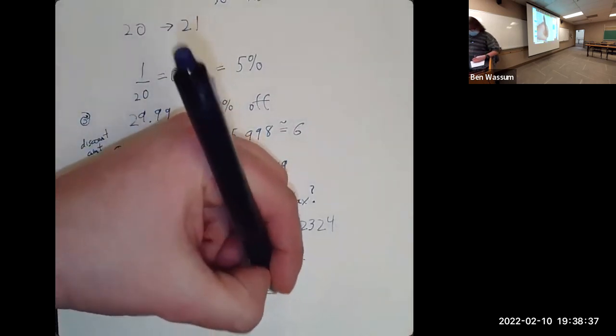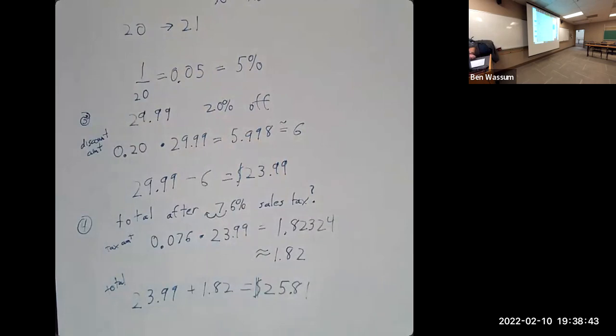We end up with $25.81. That is how much this guy would be after a 20% discount and then 7.6% sales tax. Netting you a little over 10% off because of sales tax.